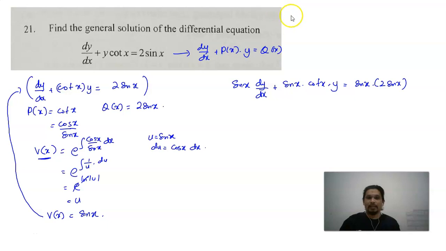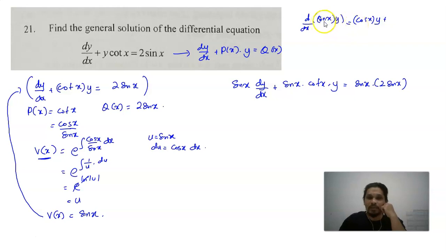Again, let's see the process reversely. The derivative of sine x multiplied with y: differentiate sine x, you get cos x multiplied with y.